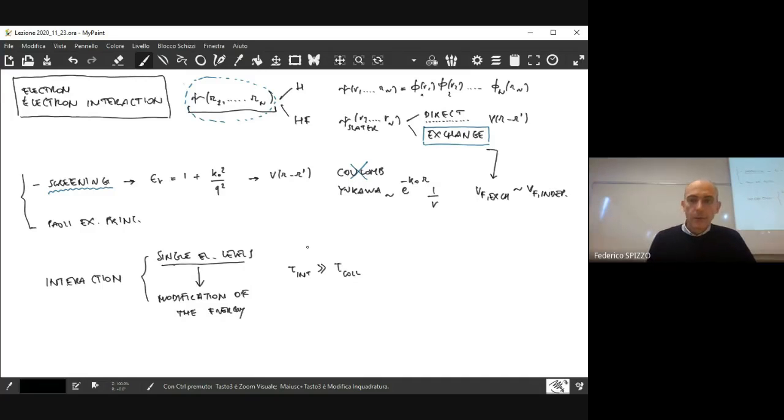Only if we were able to have a system where the relaxation time due to the collisions is 4, 5, 6 orders of magnitude larger than the one that we have in actual systems, then maybe we should be able to find some effects of the interaction. But in general, this is not the case. So at this point, we may just consider the effect of the interaction as an effect that influences the value of the energy.